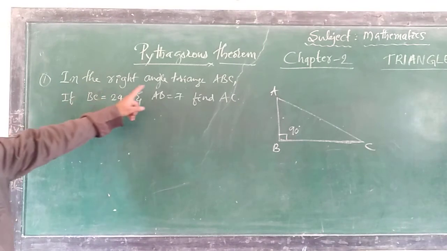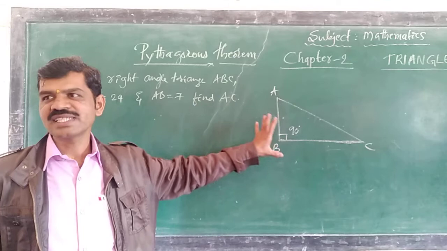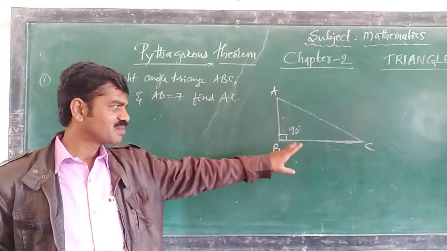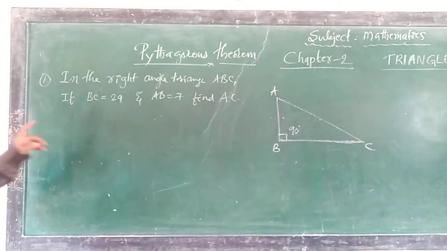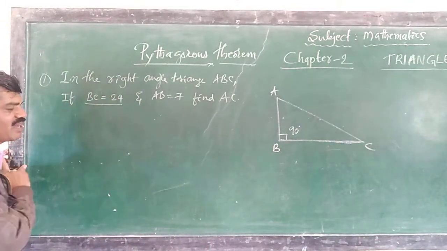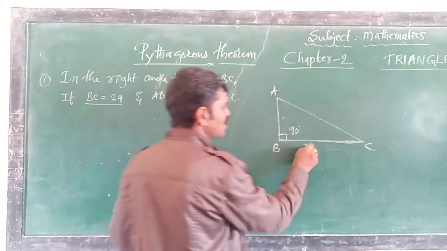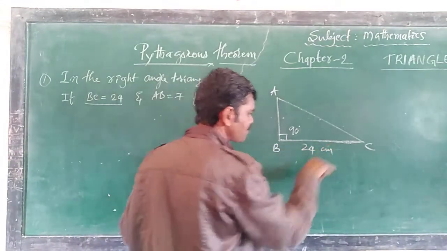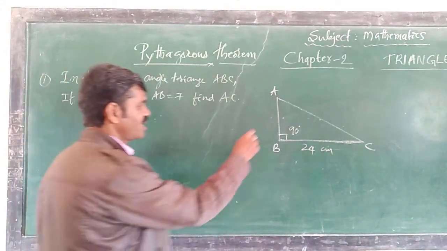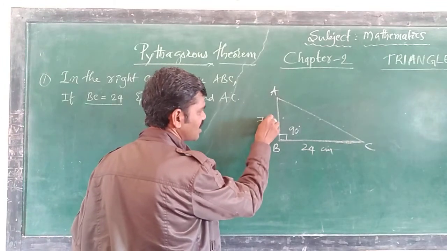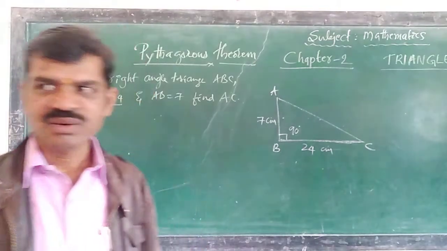In the right angle triangle ABC, it is given that angle B measures exactly 90 degrees. Side BC is given as 24 centimeter or 24 units, and AB, the height of the triangle, is given as 7 centimeter or 7 units.